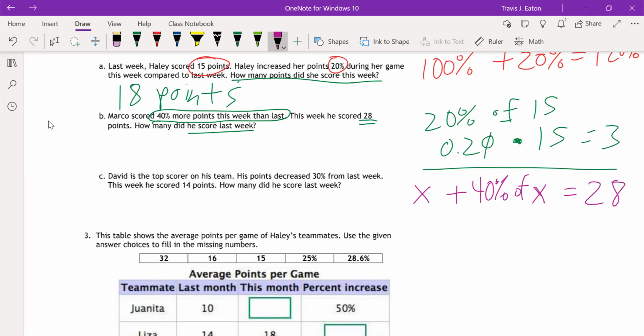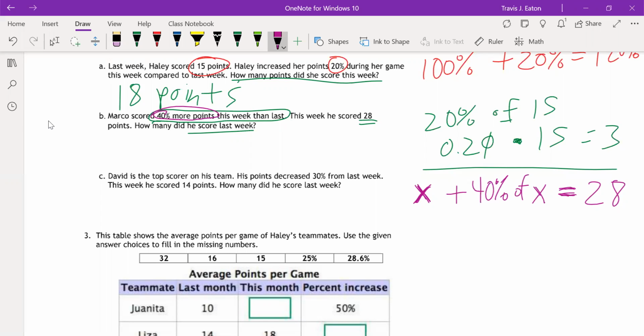So of course, 100% of last week is the unknown we don't have, right? The unknown number of last week is x. And then 40% of x, because it says that it's 40% more points. And then that equals the 28 points that he has so far.